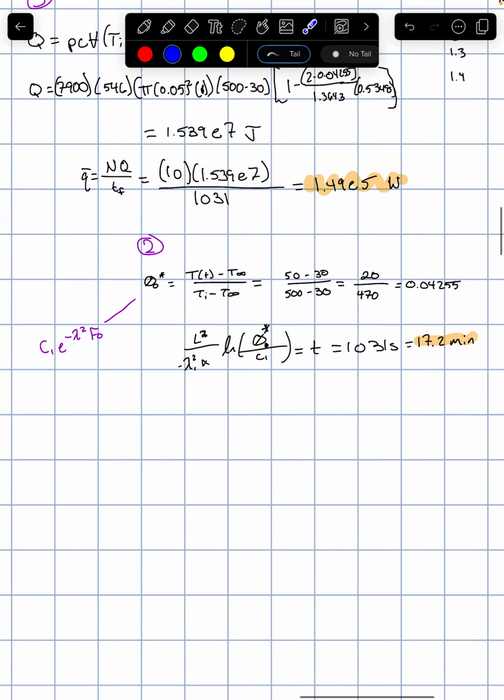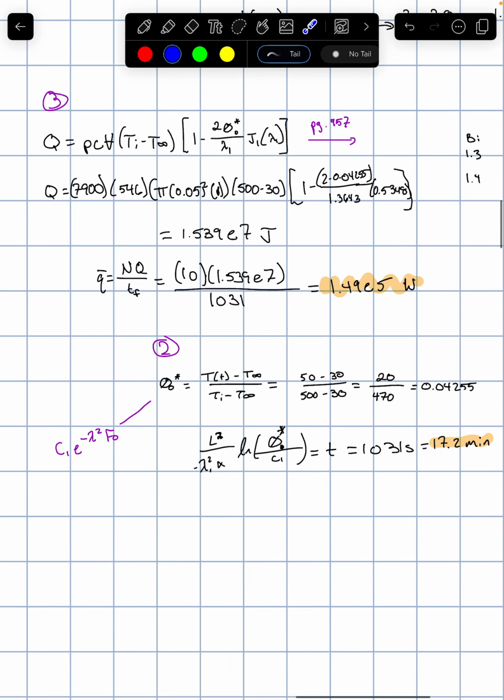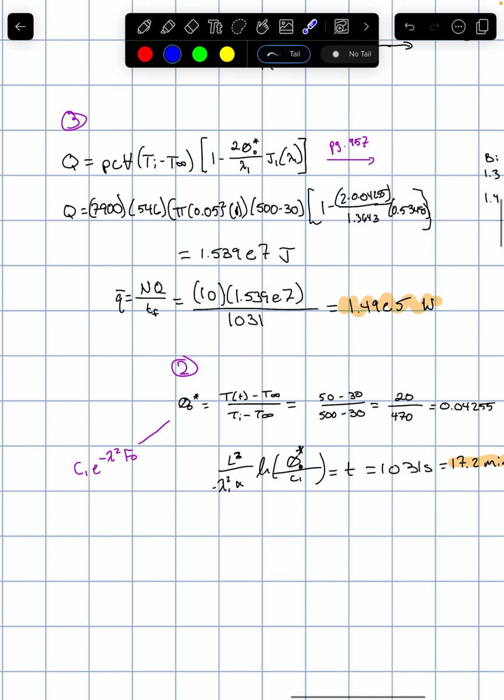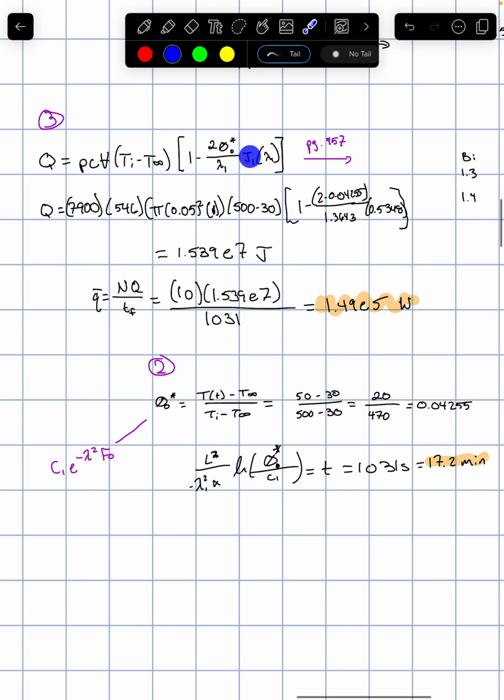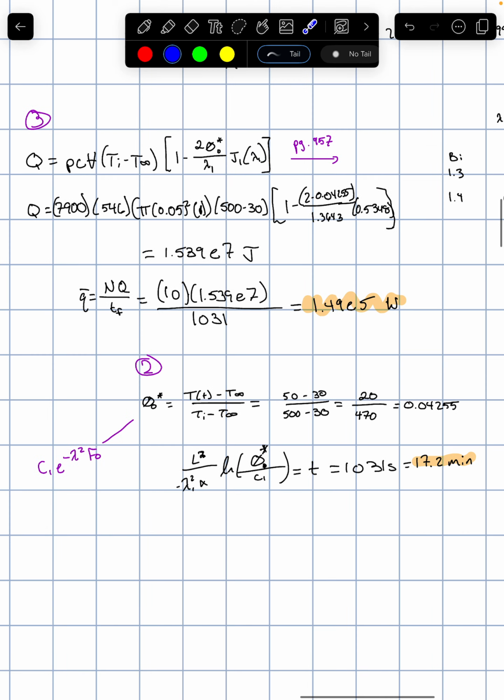So now that we have our time, we can go up here and use our Q max equation, which consists of density, specific heat, volume, temperature difference, and then an equation here that includes a Bessel function. Just knowing we need to get that, let's go to the book.